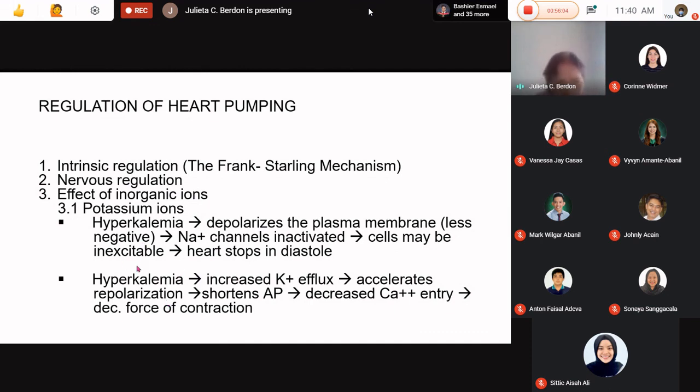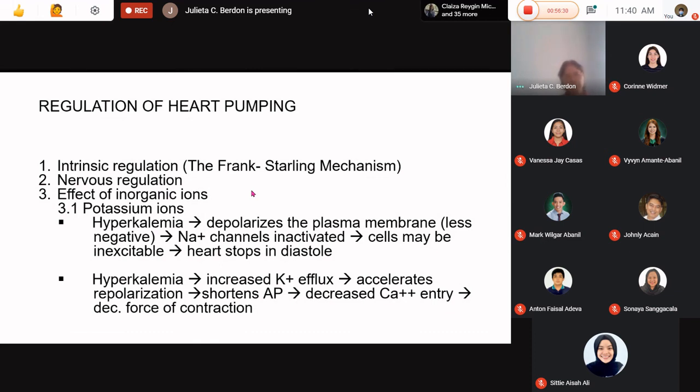So intrinsic regulation is the Frank-Starling mechanism, or what you call Starling's law of the heart. Intrinsic means it is within the heart itself. According to Starling, within physiological limits, the greater the heart is stretched, the greater the force of contraction.